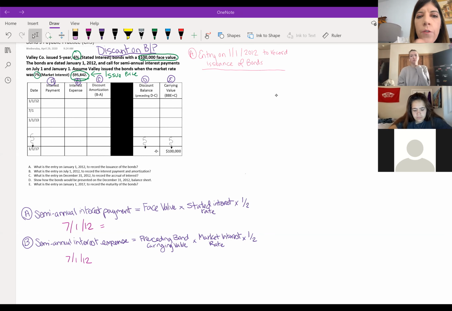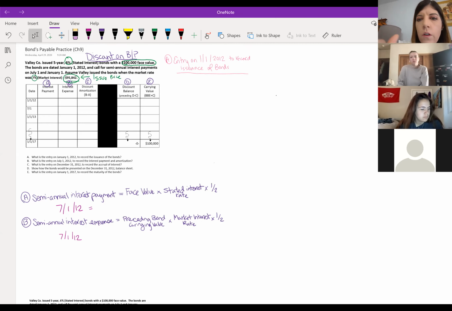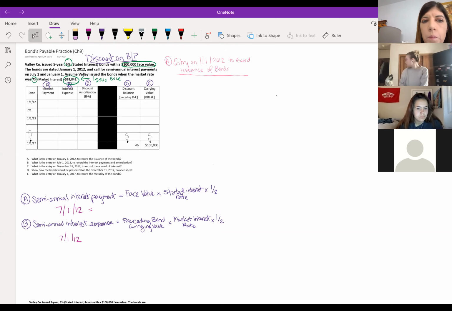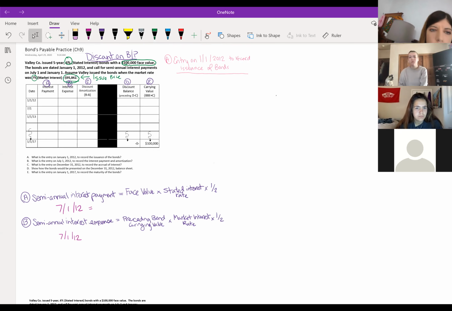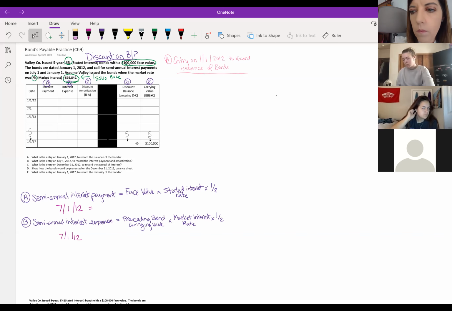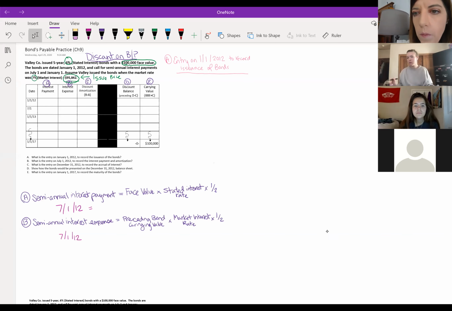For the first calculation, so determining that discount, what's the calculation? How do I figure out my discount? It's the face value minus the issue price. Correct. Face value of the bonds.